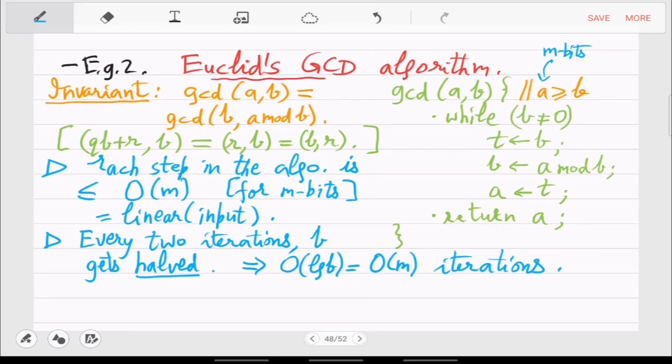So the number of times this while loop will run is again linear in the input size, and exponentially smaller, logarithmic in the actual value of the number B.